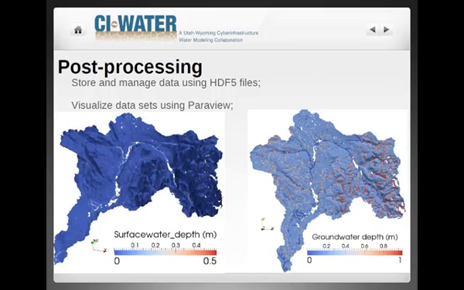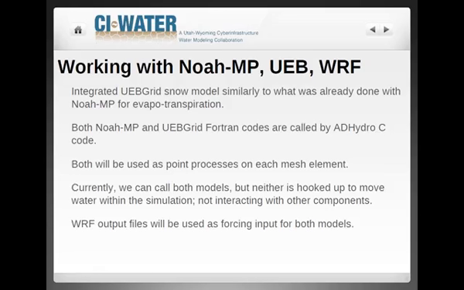That was with TO. The improved infiltration scheme that we came up with runs about 20 times faster. So we will be able to run that a lot faster. These are some example ParaView output showing surface water depth overlaid on topography and groundwater depth on the topography.